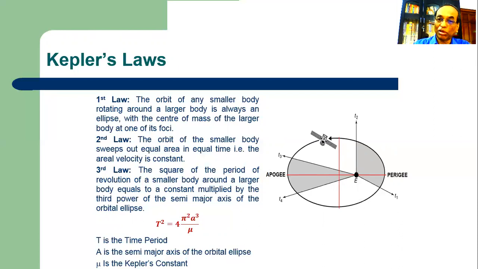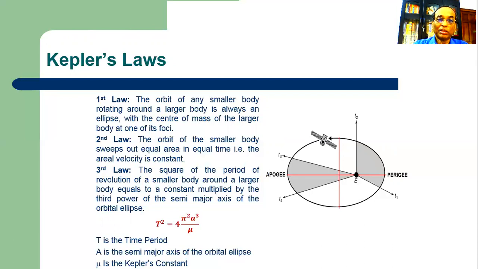That is the first law. So it will go on revolving, keeping Earth at one of its foci. Apogee is far off from the Earth and perigee is comparatively nearer to Earth.